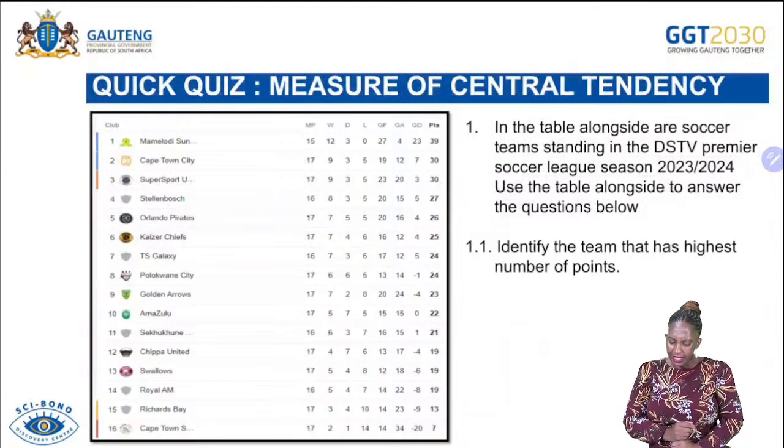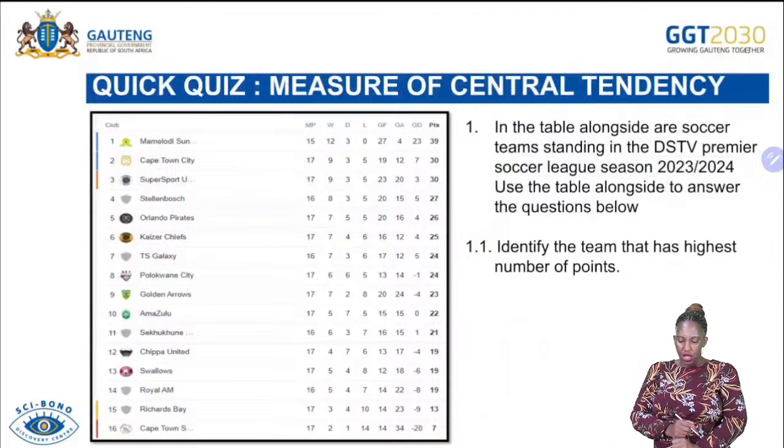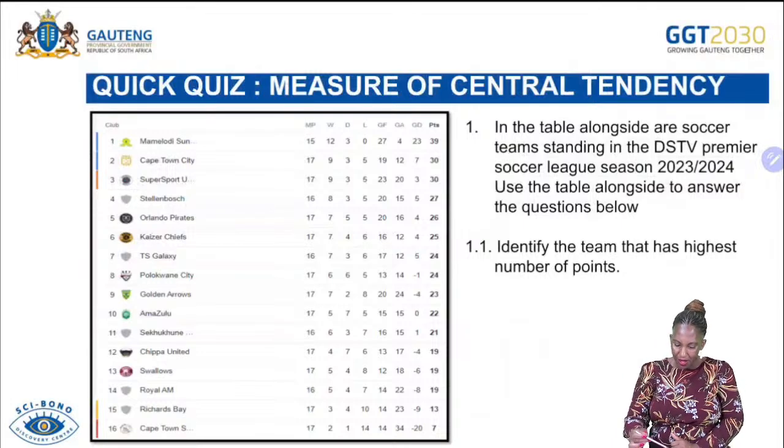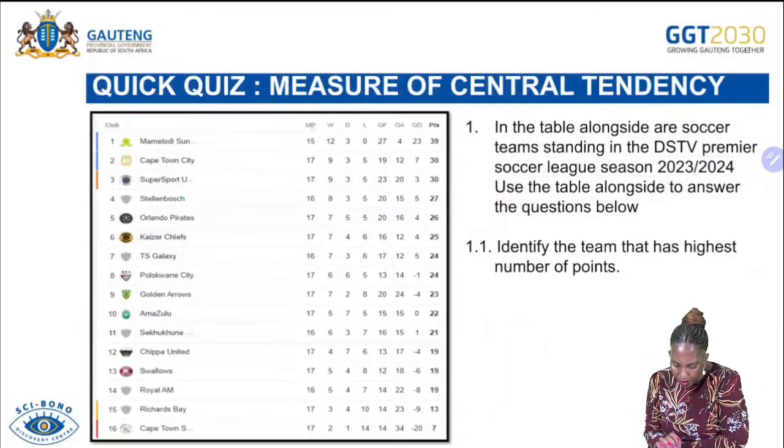Number 1, identify the team that has the highest number of points. Now looking at this one, because it is based on the points, which team has the highest points? Now you go to your data. At the top here, we have the MP match played, the win, the draw, the lose, the goal for, goal against, goal difference, and points.